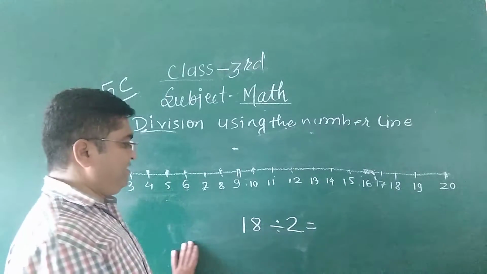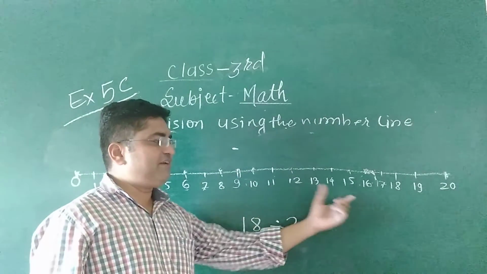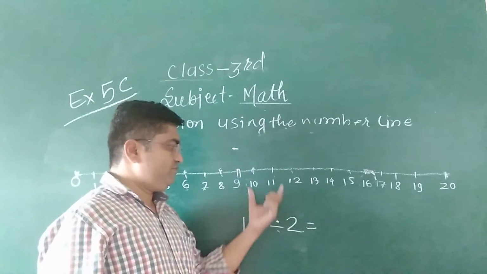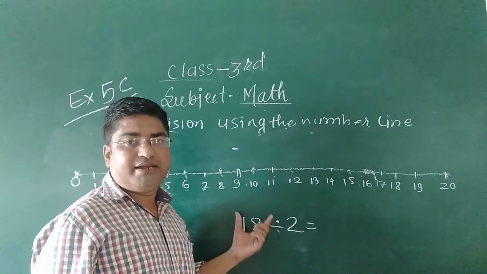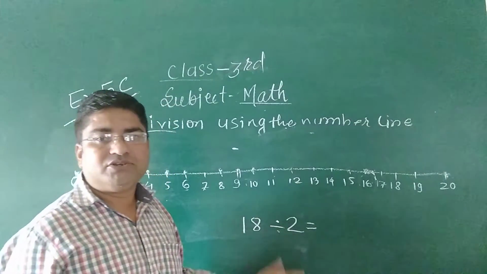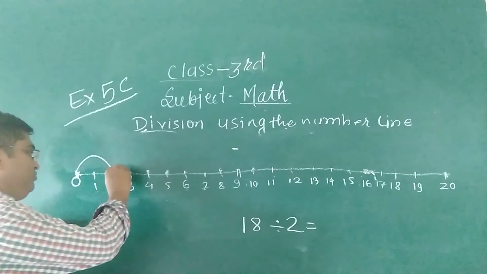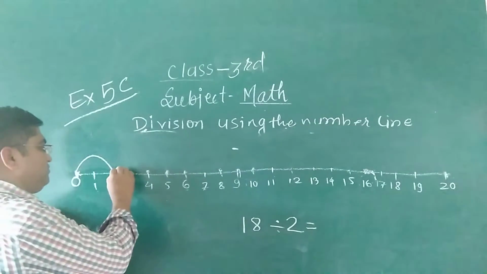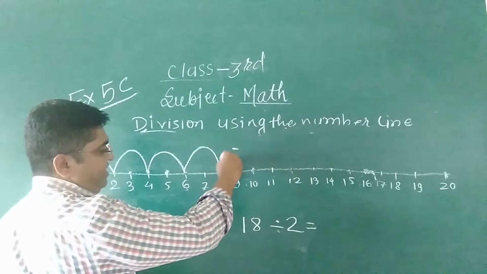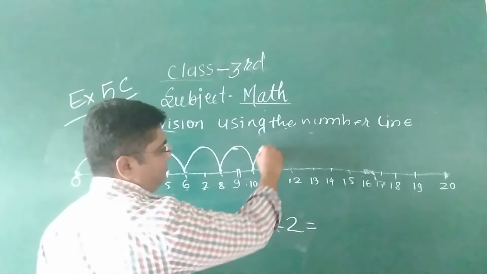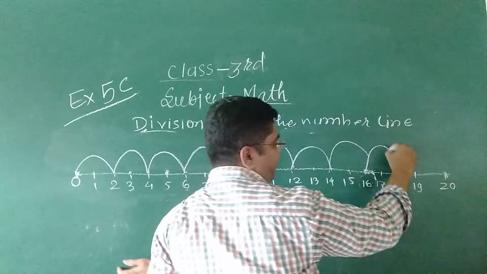So the next question is 18 divided by 2. Now what do we have to do? Using the numbers given on the number line, we have to divide 18 by 2. How will we proceed? See, 0 to 2, next 4, 6, 8, 10, 12, 14, 16 and 18.